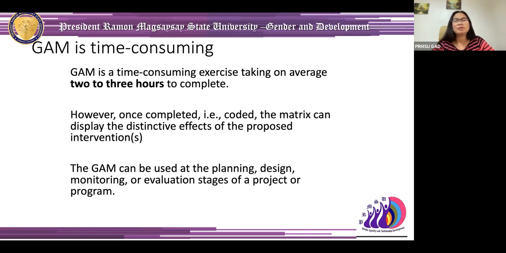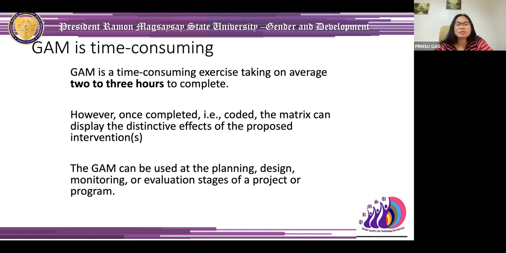So, the GAM can be used at the same time, hindi ka lang nakapag-evaluate ng program, there was also a gender dimension in how you evaluated the program. Diba? Pag nagawa nyo na po siya, halimbawa, earlier nakakome up po kayo, please share it with us so that we can give this example to other colleges. Diba? Para ma-duplicate din nila on how it's done.